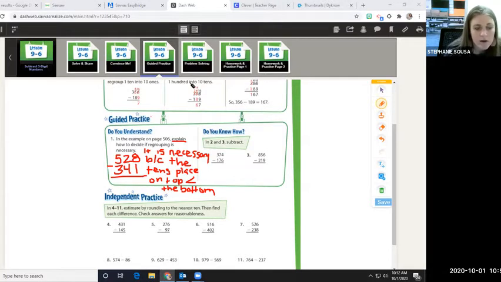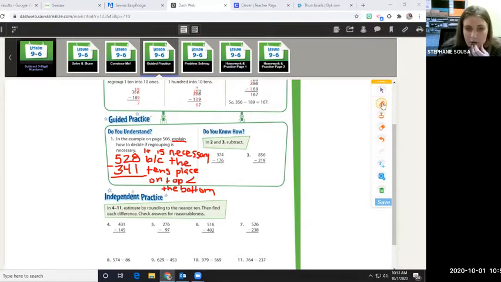And we know that when there is less on the top, that we have to regroup by borrowing a place value. Right, so yes, we can see that we have to regroup.